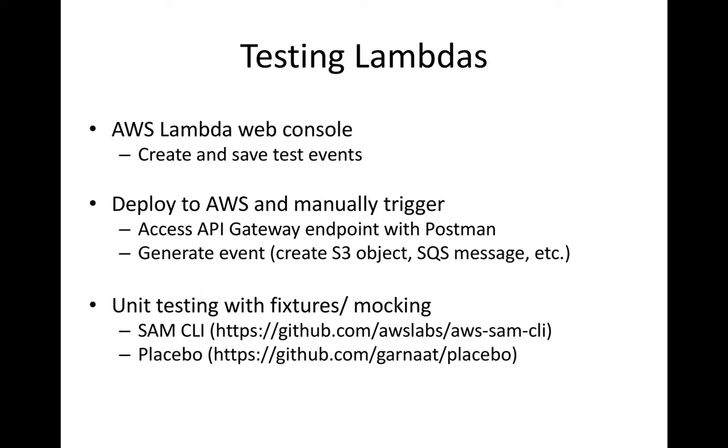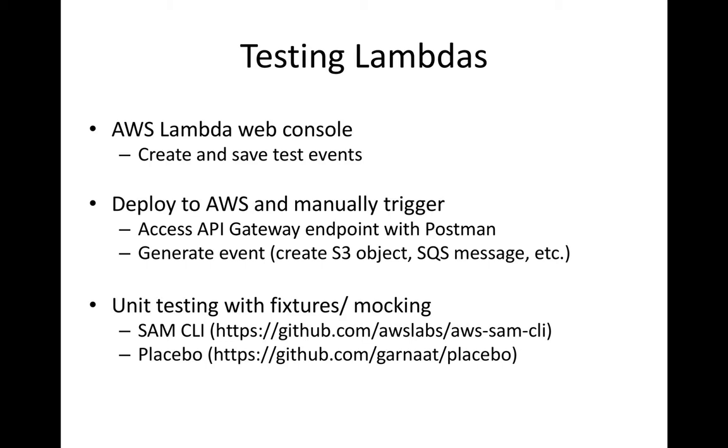When you're testing Lambda functions and writing your Lambda function code, there are a couple of different ways you can go about troubleshooting your functions. So you've written your function, you've deployed it, and now you're invoking it.